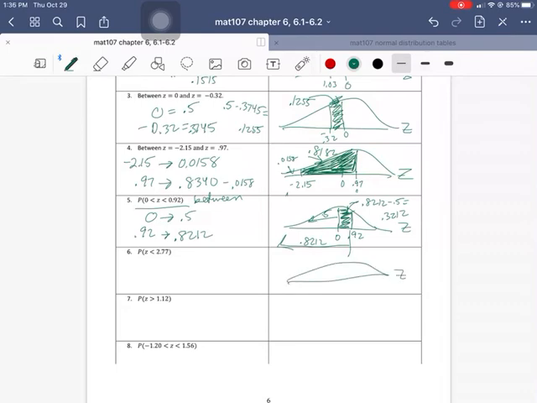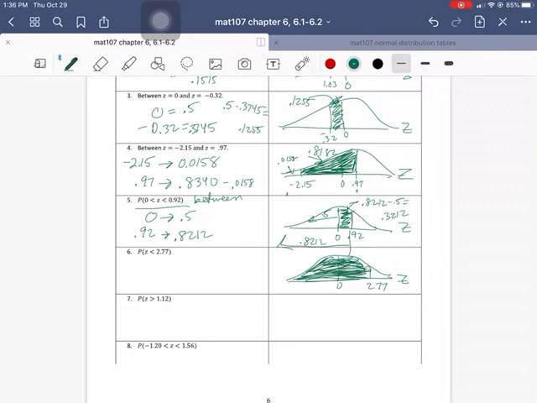All right. So if you have a Z, well, that really looks awful. If you have a Z, all right, that is less than. See the less than? That's a less than symbol, okay? That means it's to the left. So if 0 is here, 2.77's way up here. So this is all of this. This is going to be a big number. This is going to be 0.9 something, because it's all of this.